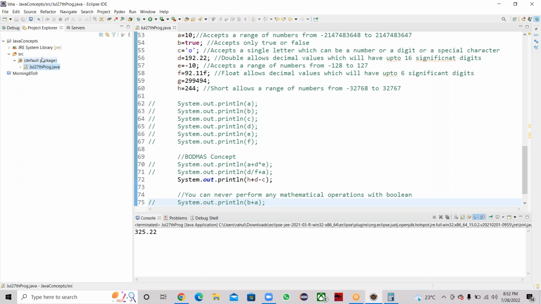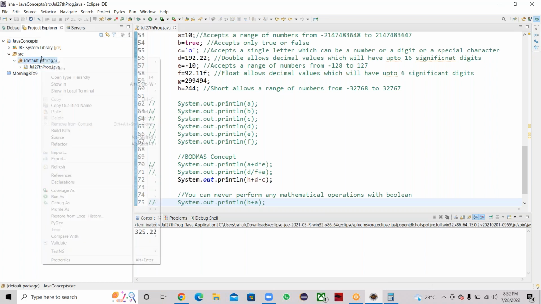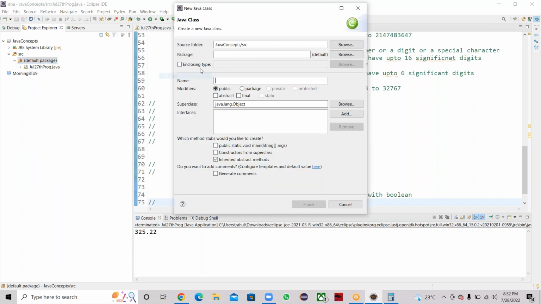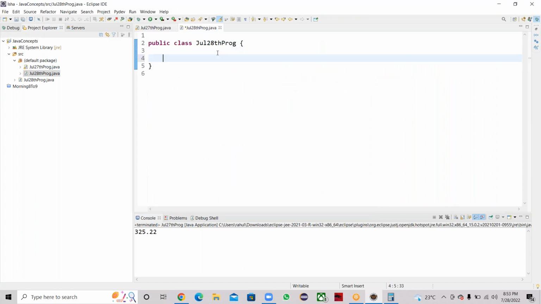So now let us go to the next concept. The concept that we are discussing now is called conditional statements.